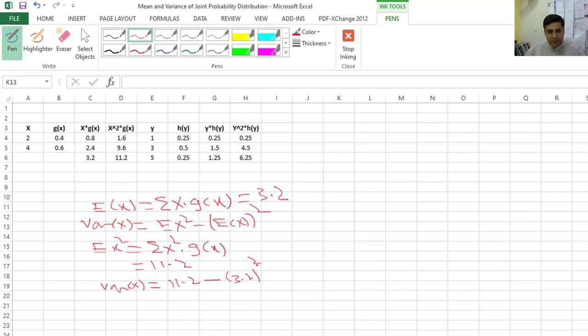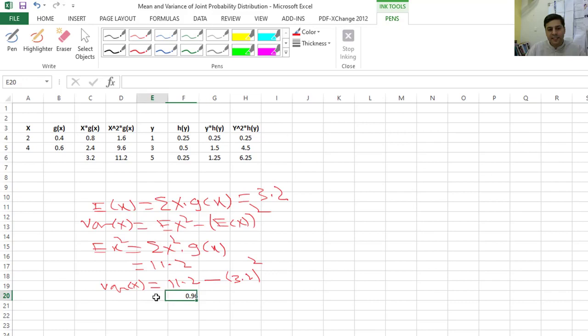Similarly, variance of x will be Ex square, 11.2, minus Ex, 3.2, square. Let's suppose I am calculating this: is equal to 11.2 minus, now we need to take the square, so put it in parentheses, this is the mean. Put the mean again in parentheses and take the square. It will automatically calculate.